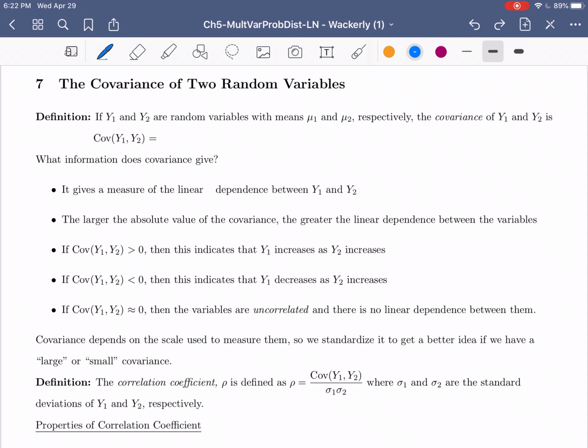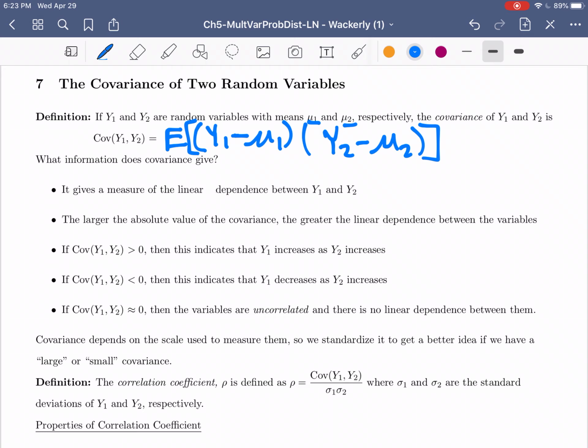So if y1 and y2 are random variables with means mu1 and mu2 respectively, then the covariance between them is defined as the expected value of the product of y1 minus its mean with y2 minus its mean. So the expected value of that product, that is the covariance.